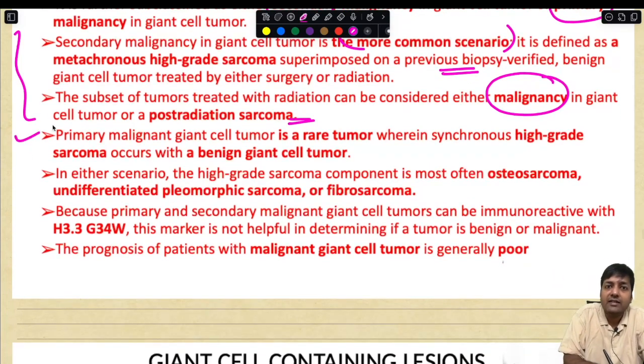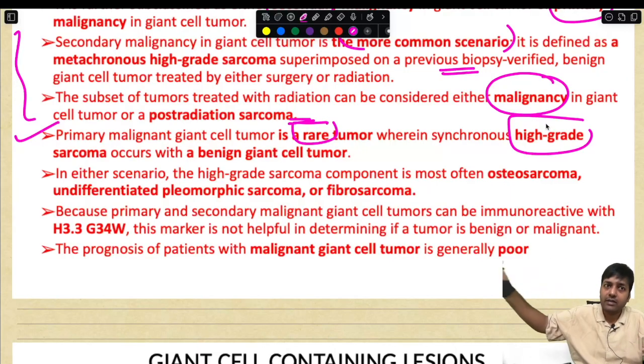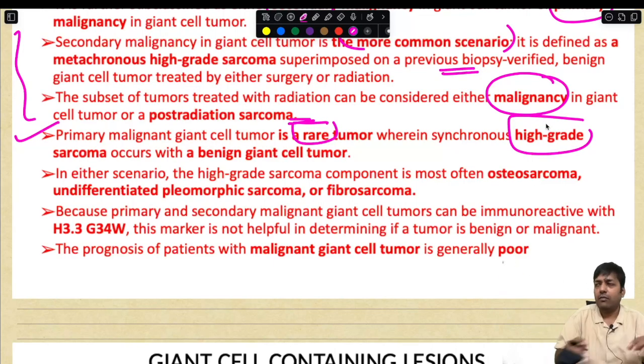Primary malignant giant cell tumor is a rare tumor wherein synchronous high-grade sarcoma occurs within a benign giant cell tumor. So over here everything is happening together, whereas in a metachronous or secondary variety, initially there was a benign giant cell tumor, later on it progressed and developed secondary to treatment or secondary to something.